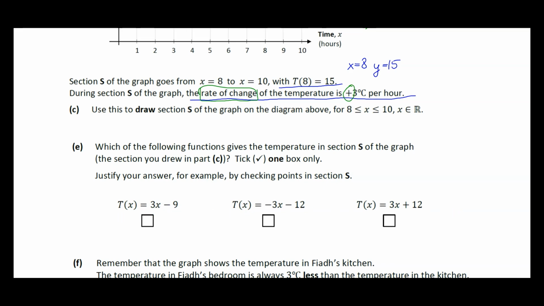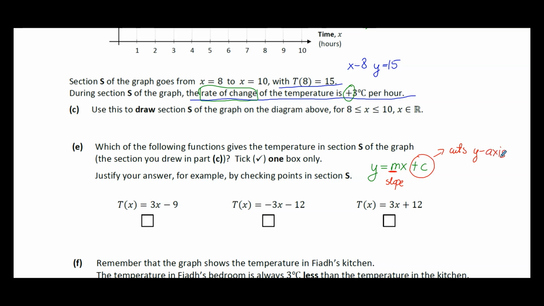When the function has the form where on one side you have y without any numbers, and the rest of the values on the other side, the number that stands beside x is the slope. The number that doesn't have x beside it is where the graph cuts the y-axis.